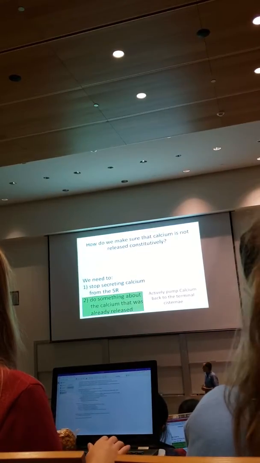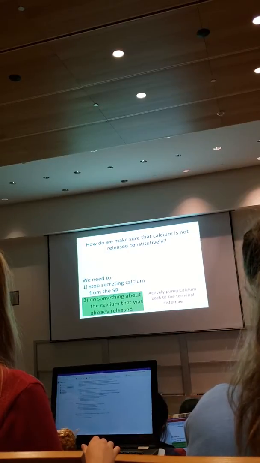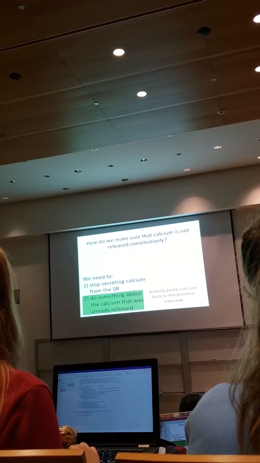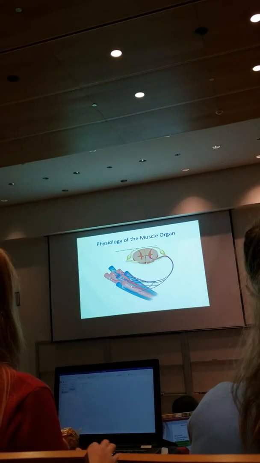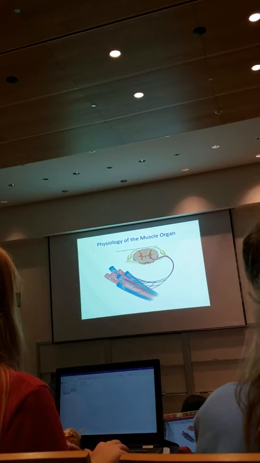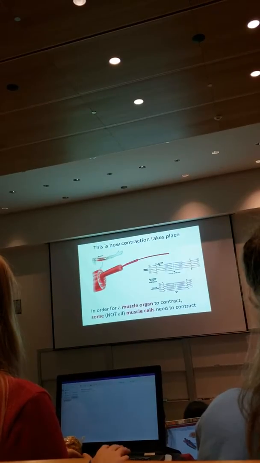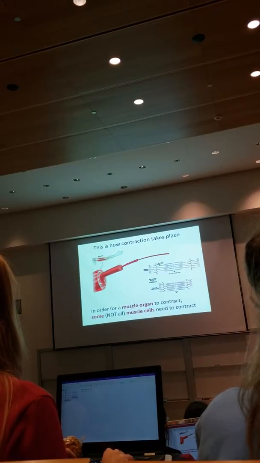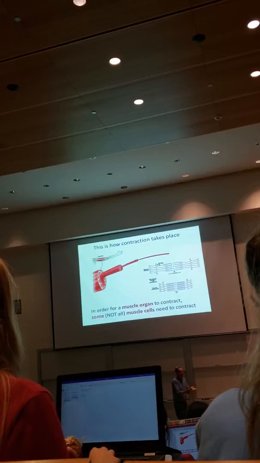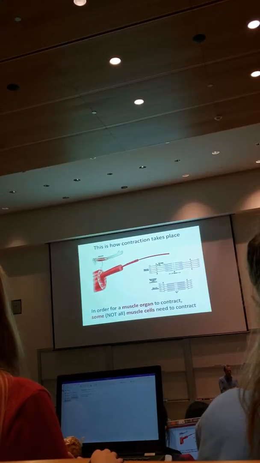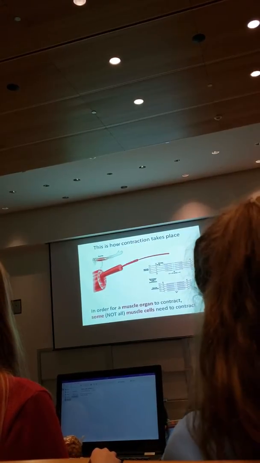Okay. So from now, I want to shift everything that so far was at the level of the cell, of the muscle. Now let's think about muscle as an organ. When we think about the muscle as an organ, I want to remind us of something we already learned, that all the myofibrils in one muscle cell contract together, right?